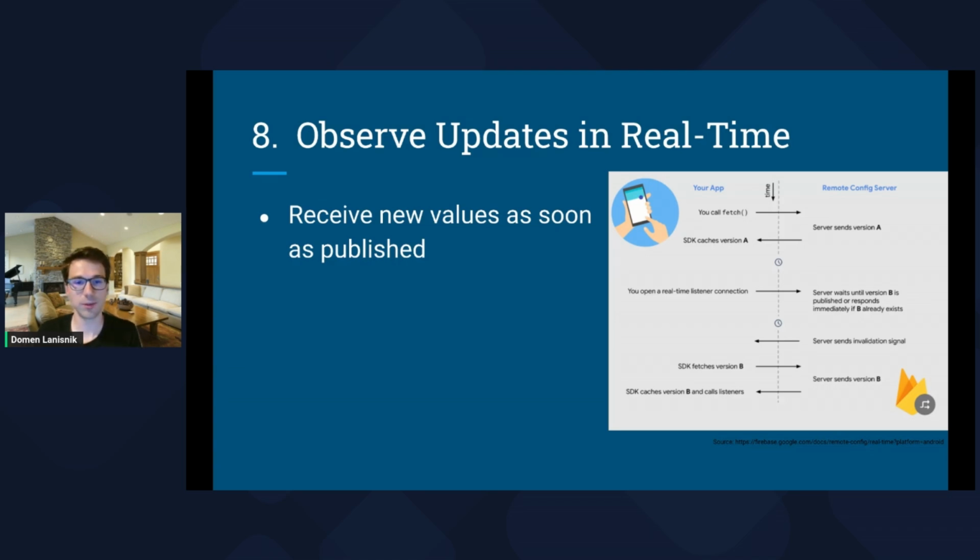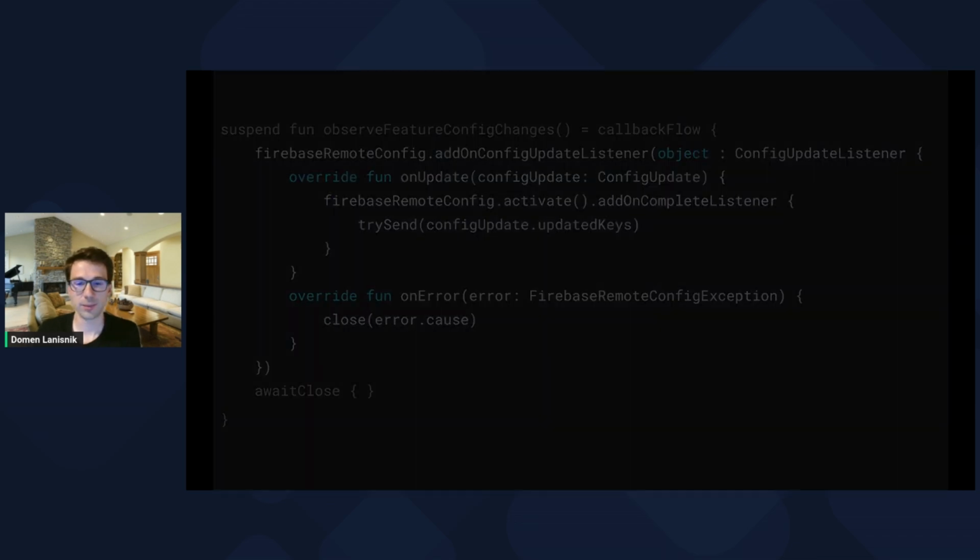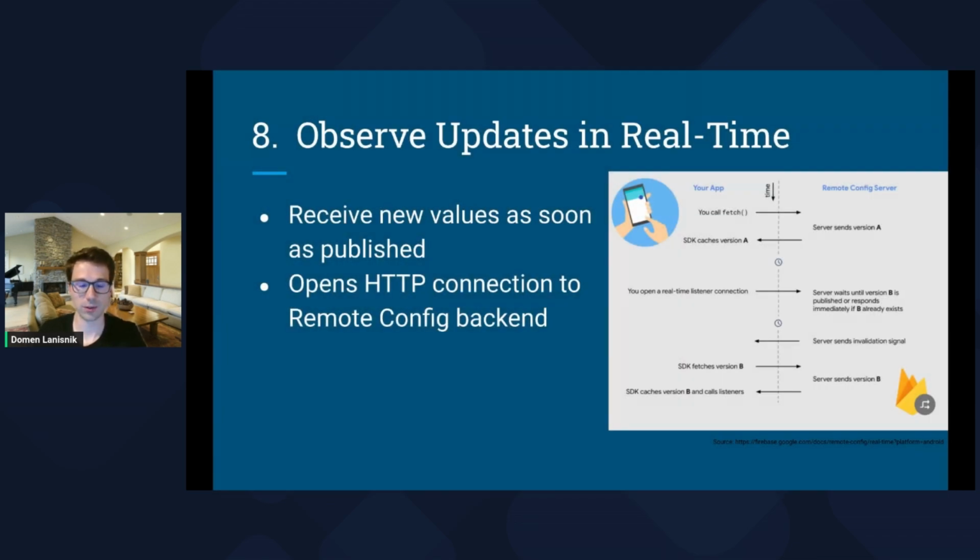You can receive new values as soon as they are published. And what Firebase does is it opens an HTTP connection to the remote config backend. It keeps it open, and then it posts or sends the updates as soon as they happen. So instead of doing the pull method, you have a push method, essentially.